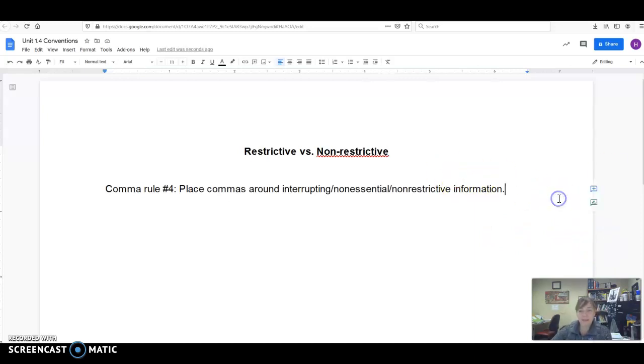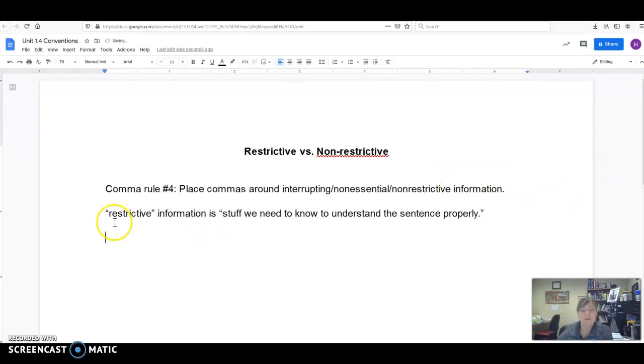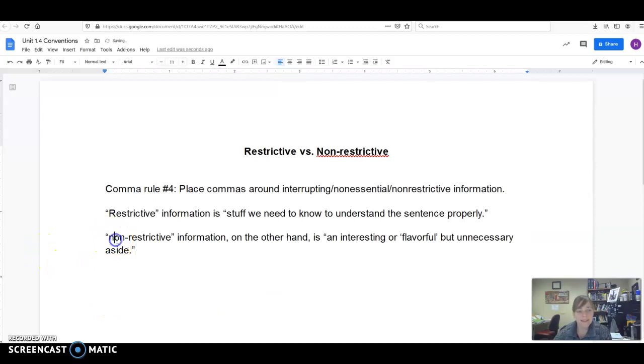However, basically what this means is that when we're writing sentences, sometimes we have restrictive information, which is stuff the reader needs to know in order to understand the sentence. Non-restrictive information is information that gives what you've written some flavor. It makes it interesting, but it's not 100% necessary for the reader to know in order for them to get the meat of what's going on in your sentence.